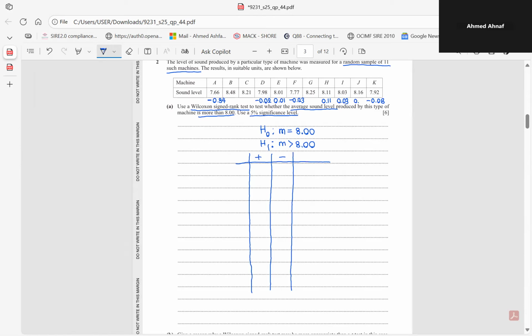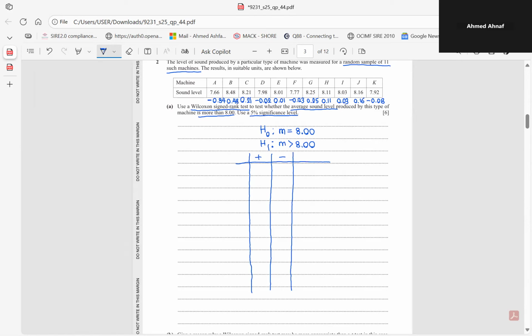And this is 0.16. Okay, and then 0.21, 0.25. And then finally, this one is just 0.48.